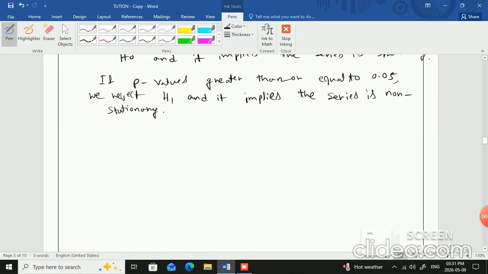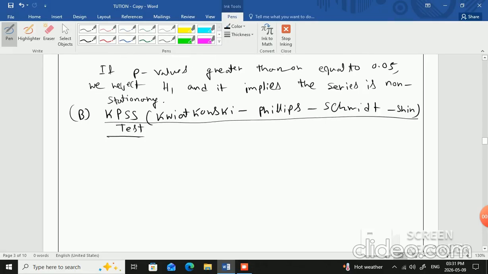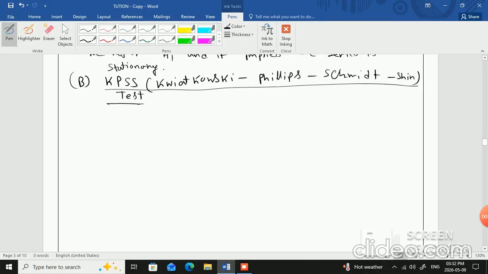Next test is the KPSS test. The KPSS is the combination of four statisticians' names. The KPSS test is the same as the ADF test in approach.